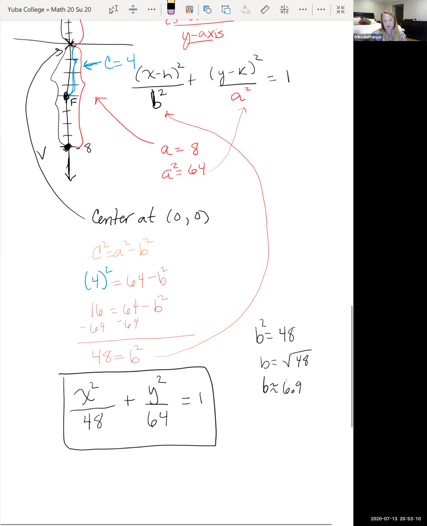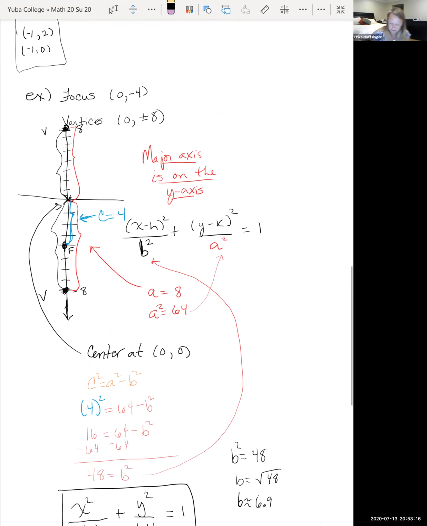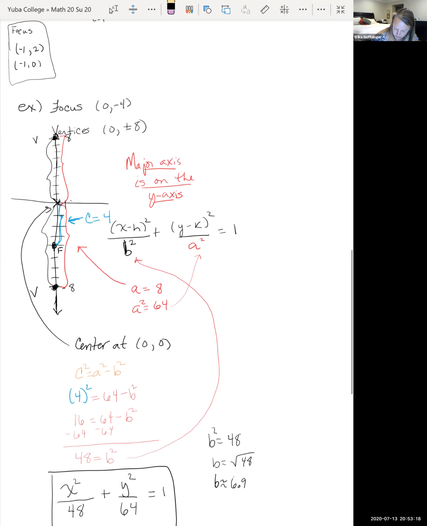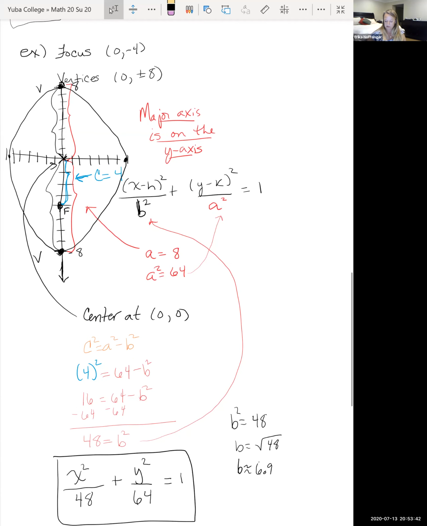So we'd have to go left, right from the center, 6.9, and then we could get the graph. So from that, we got the graph given the information and the equation.